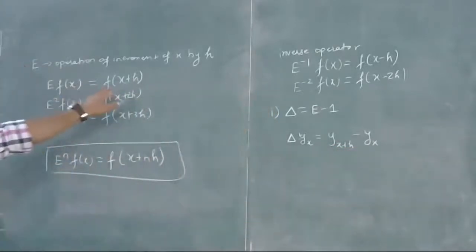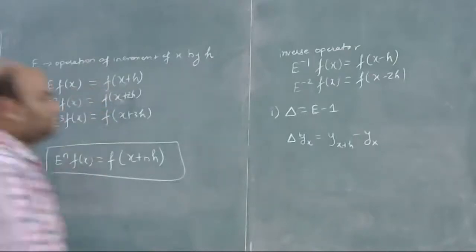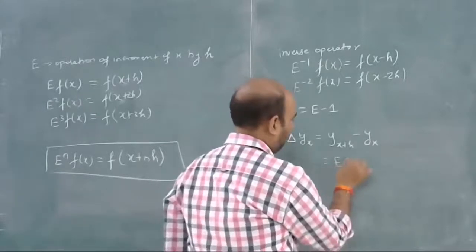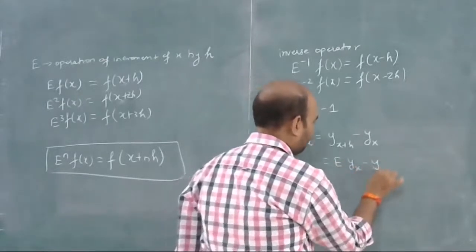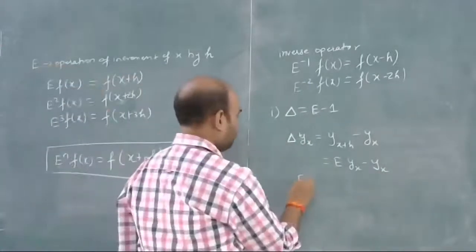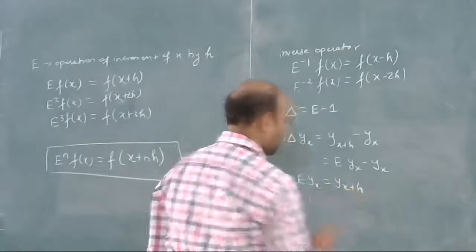It is nothing but E y of x. So this will be equal to E y of x minus y of x, since E y of x is equal to y of x plus h.